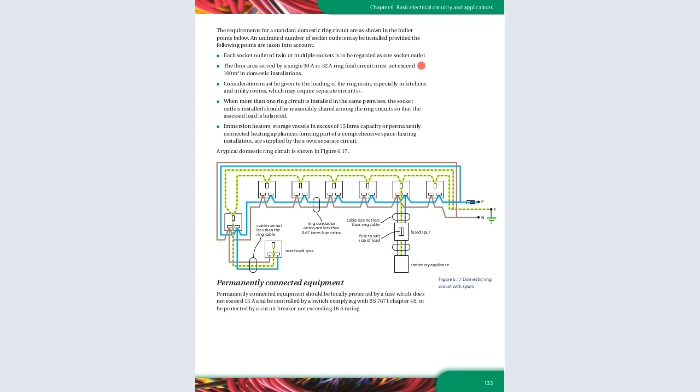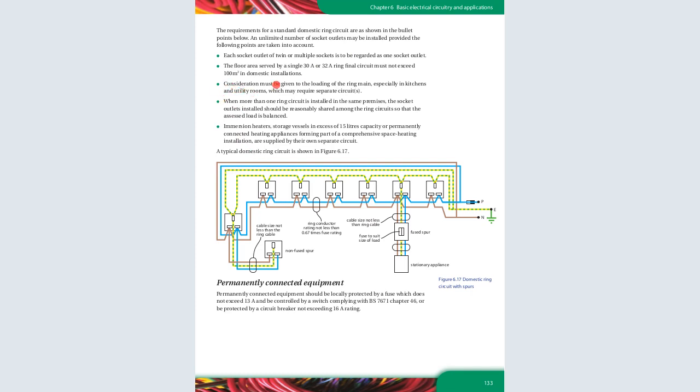That is, even if it is a twin, it is called one socket outlet. The floor area served by a single 30 ampere or 32 ampere ring final circuit must not exceed 100 square meters in a domestic installation. Those are some of the rules.